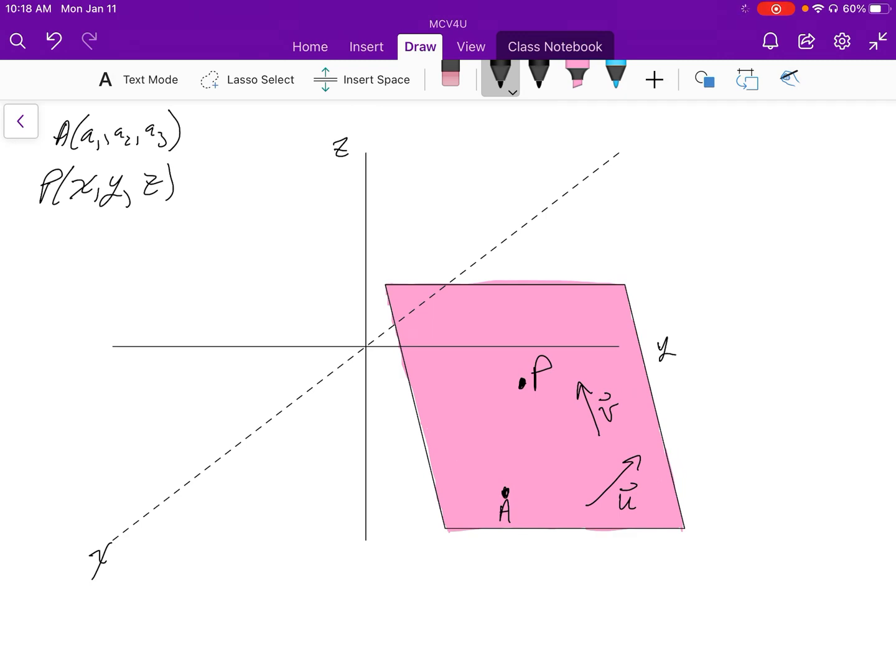So here's how we're going to start off with that. We're, again, going to start at the origin, and we're going to have a vector from O to P. Let's see if I can draw that so that it looks like it's actually coming from underneath here.